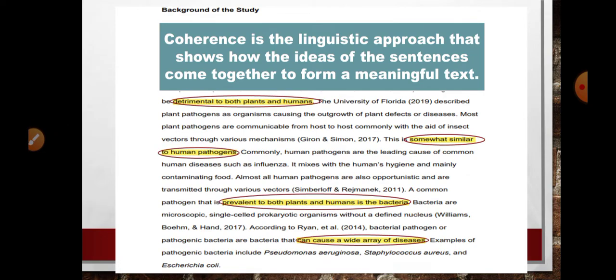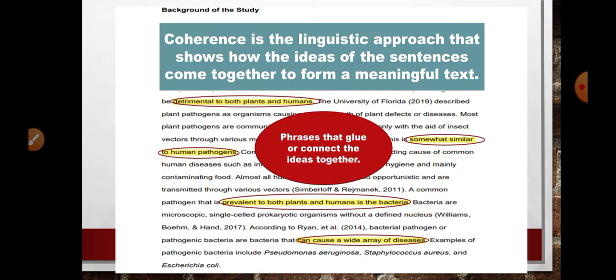Okay, so these phrases are actually examples of such phrases that connect or glue the ideas together in a, let's say, specific text. And these phrases that glue or connect the ideas together in a text are known as transitional devices or transitional sentences.